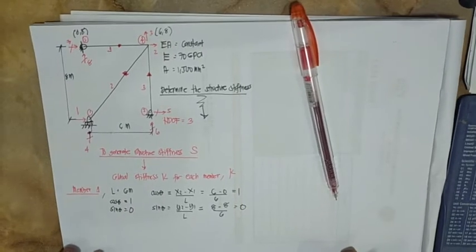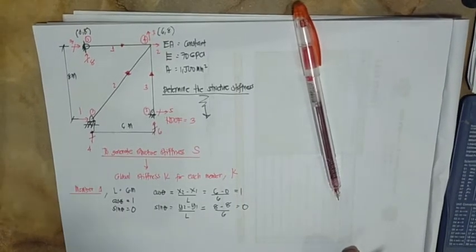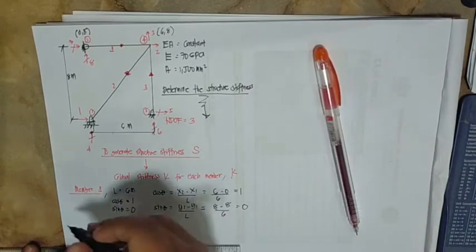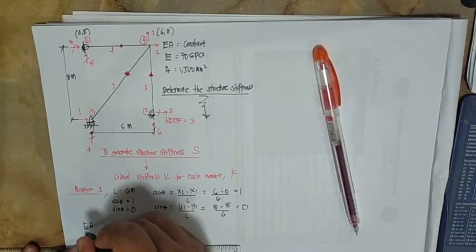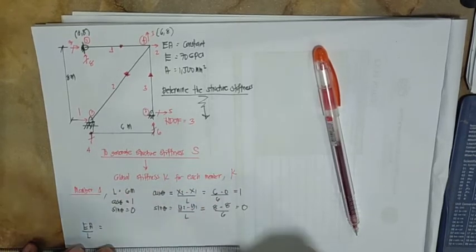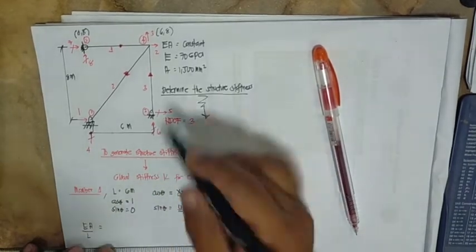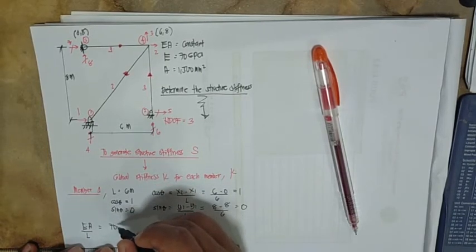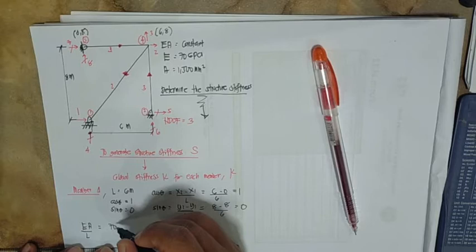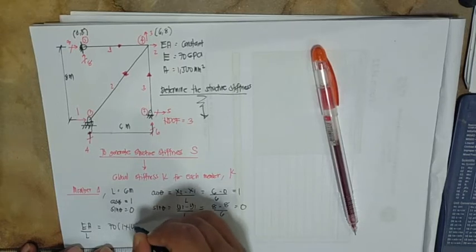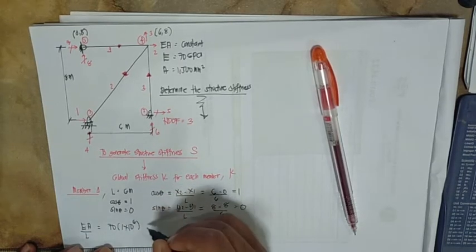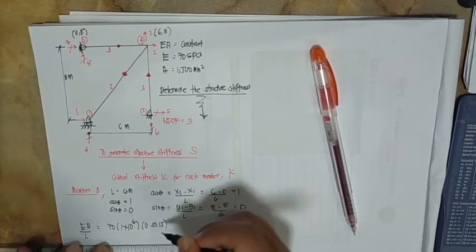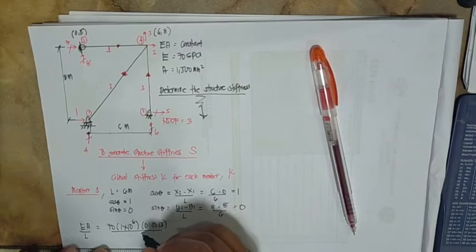Now, you can go to the value of EA over L. So, what is E? 70 gigapascal. 70 times 1 times 10 to the 6, then 0.0015 over 6.